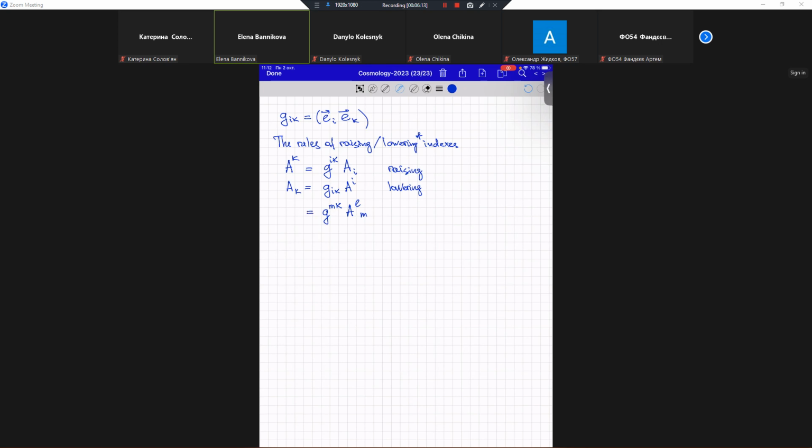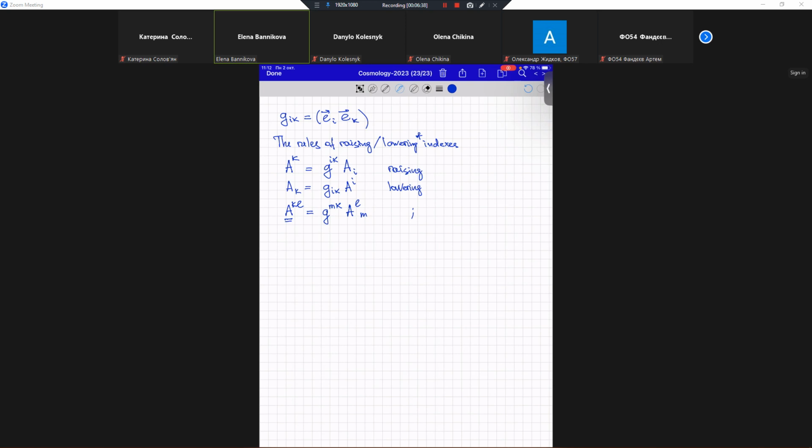On the left part, m is the summation index, and I will have A^l_k. So we had a tensor with mixed indexes, and finally we obtained a contravariant component from the mixed component.